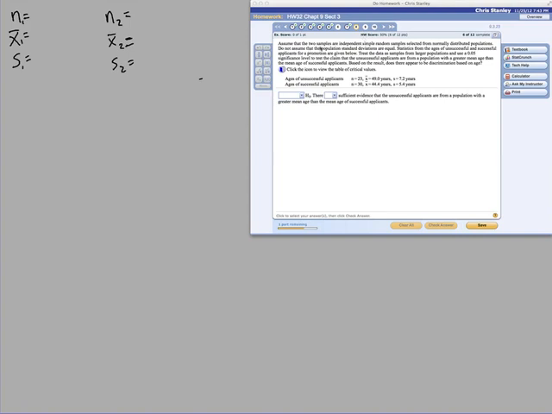Okay, so assume the 2 samples are independent random samples. So they're telling you, as soon as they say independent random samples, then we know that it's some sort of a 2 sample.